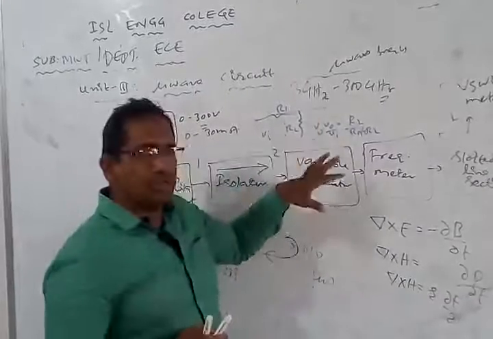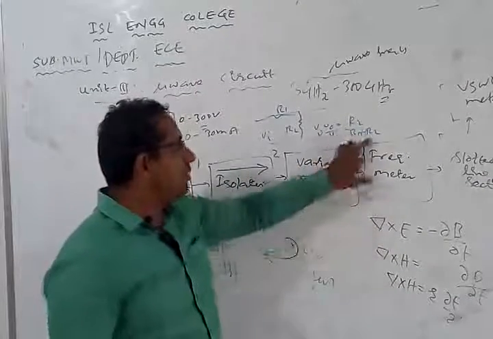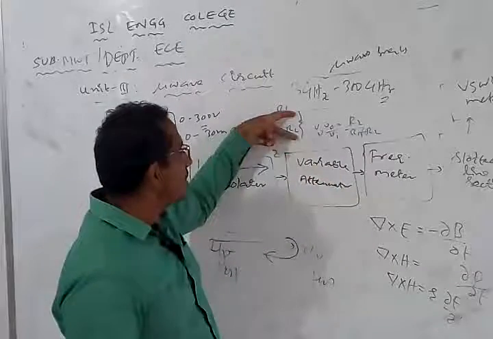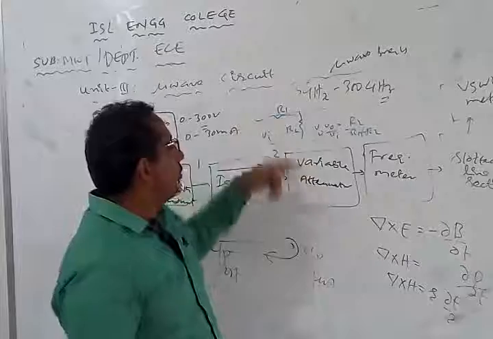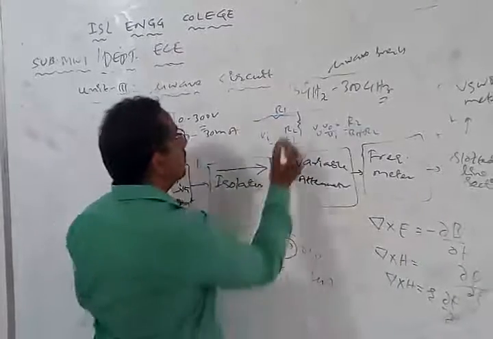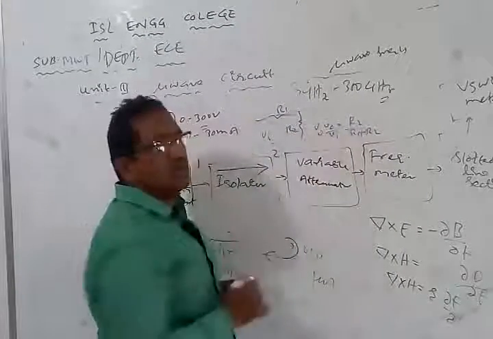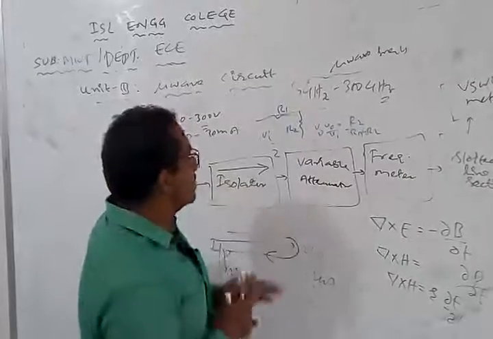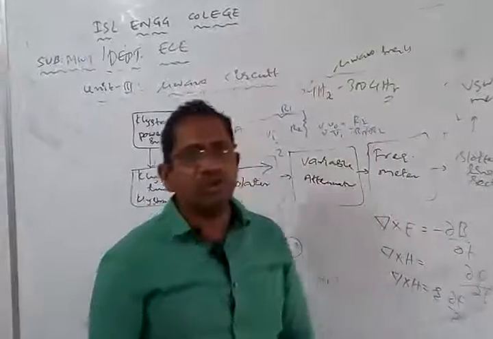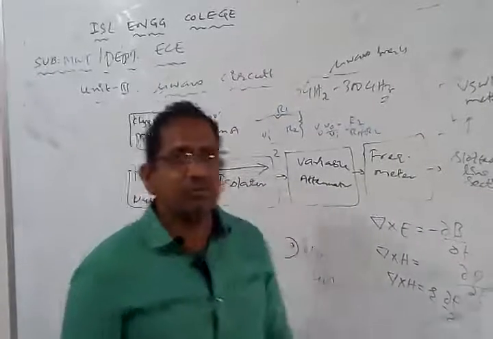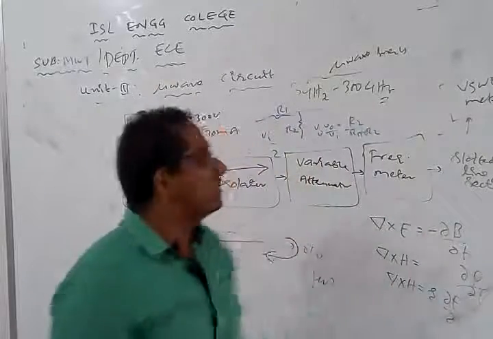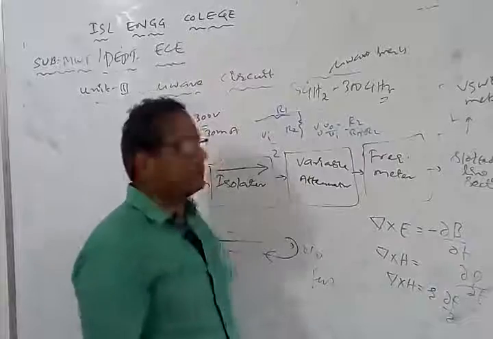It is simply attenuating the input signal by R1 plus R2, because we get the voltage across R2. Therefore the output voltage is nothing but R2 into the input voltage by the sum of the resistances. It is simply working like a simple attenuator circuit. A similar thing happens here in the variable attenuator, which is normally used to reduce the strength of the input signal.